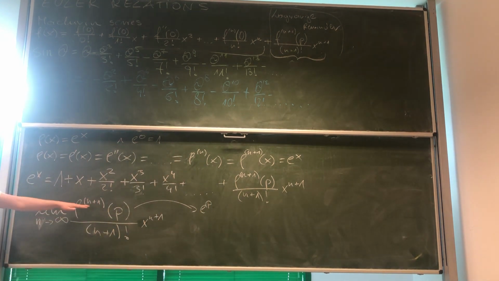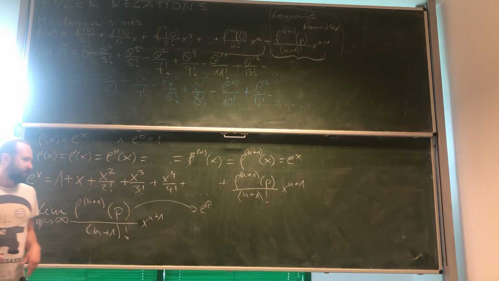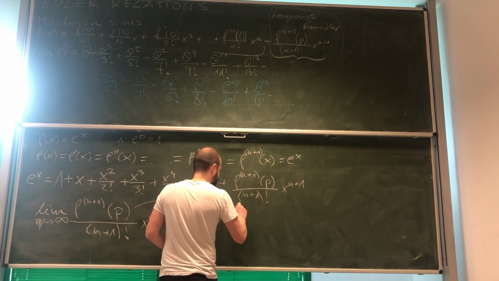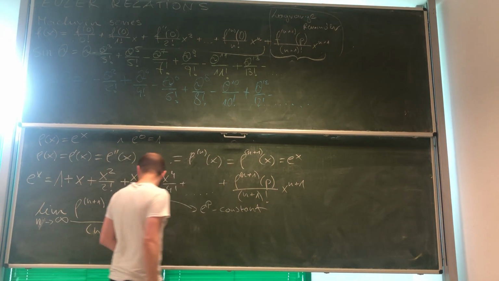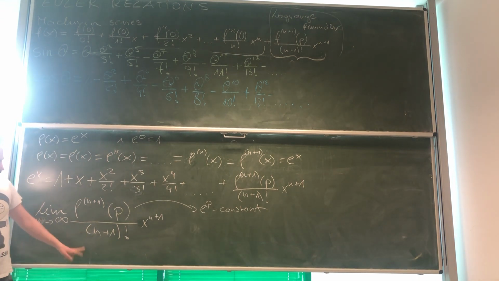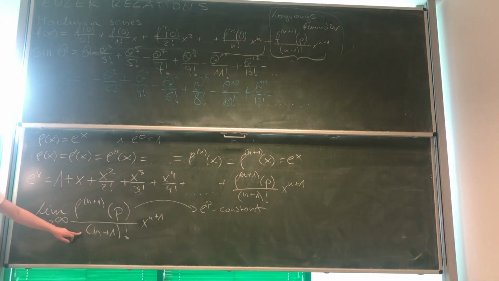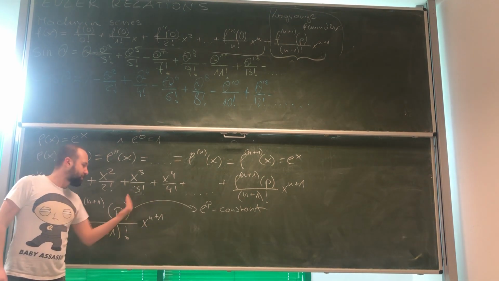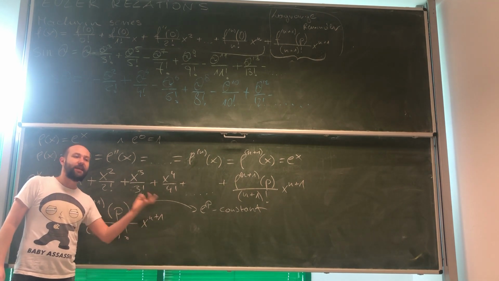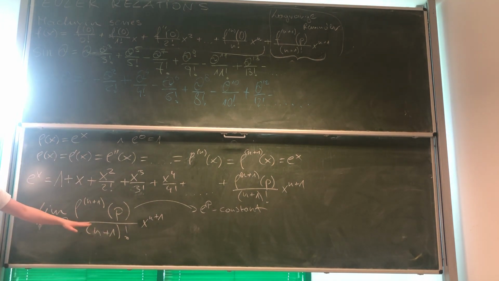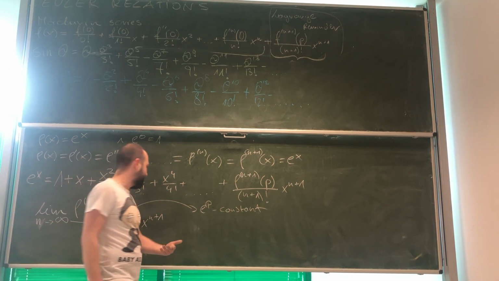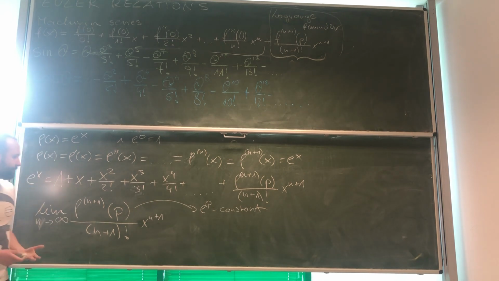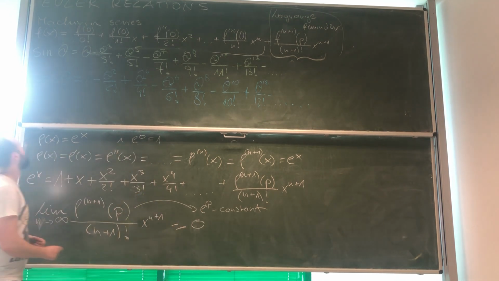Doesn't matter how many times we differentiate, this is e to the power of x. If we substitute p, it's some number, so this is a constant. And look, again, we know the rule on those two. At some point, because here we are multiplying n plus 1 times the same number, but we're getting a bigger and bigger number in the denominator, the factorial is going to take over. So this is going to 0.